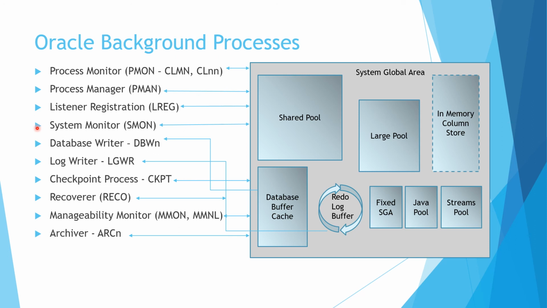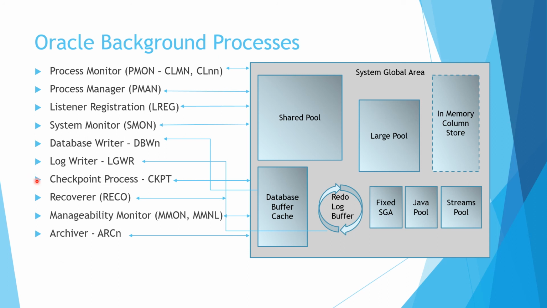It also performs cleanup if one of the processes fails. The database writer process or the DBWR writes contents of the database buffer cache to disk. The log writer or the LGWR process writes the redo log buffer to the online redo logs on disk.